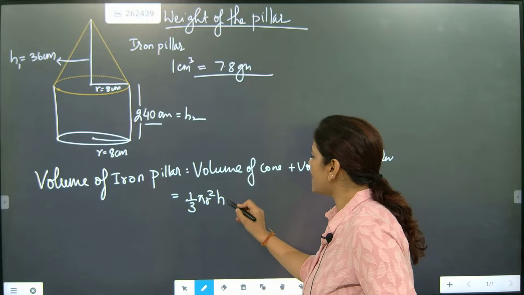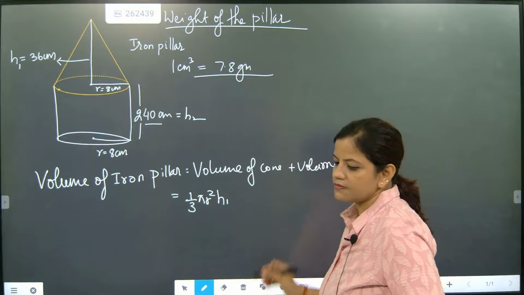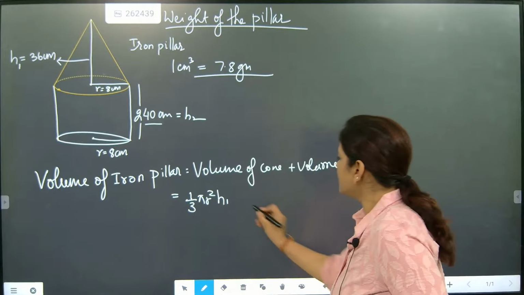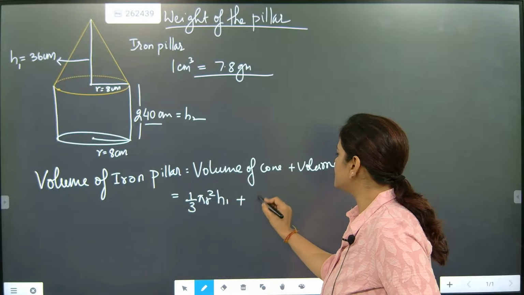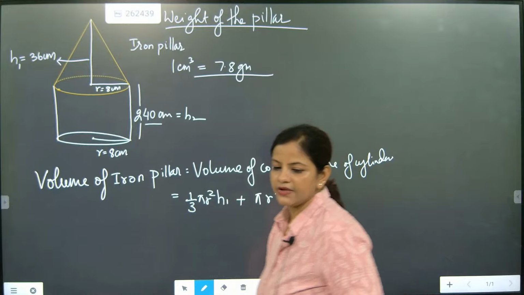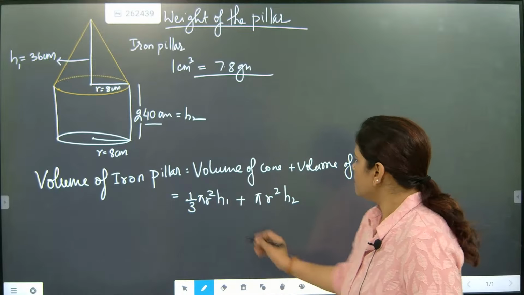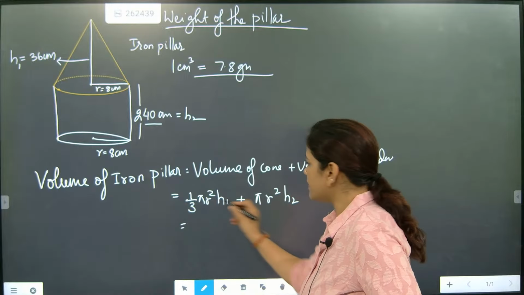So pi r square h1, because h1 is the height of the cone. Okay, that's good. Now here this part, volume of cylinder is pi r square h2. So height is exactly varying, the rest of everything is the same. See, so now here pi r remains the same.